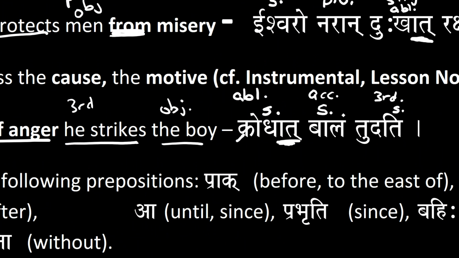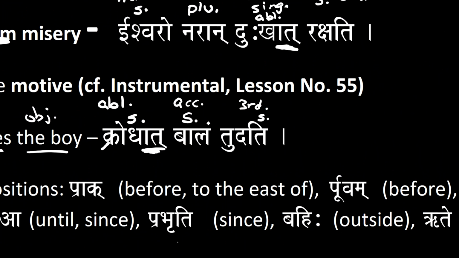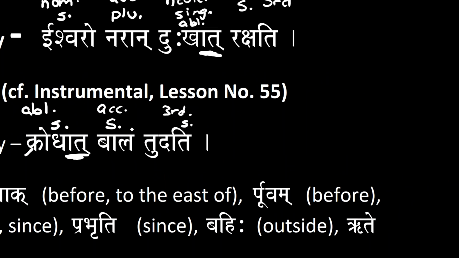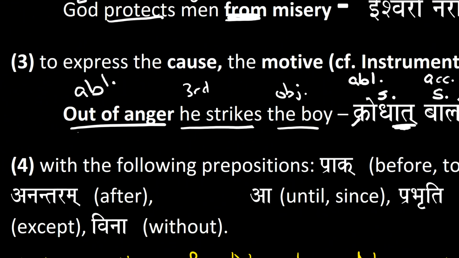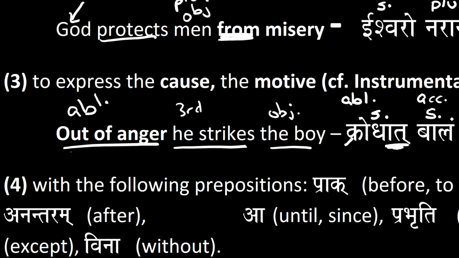A means until or since. Prabhriti means since. Bahihi means outside. Rite means except. And vina means without. Vina is also a preposition that can govern the instrumental case as well.